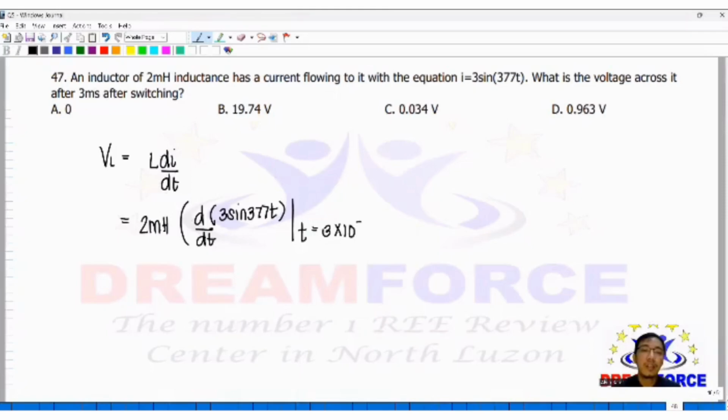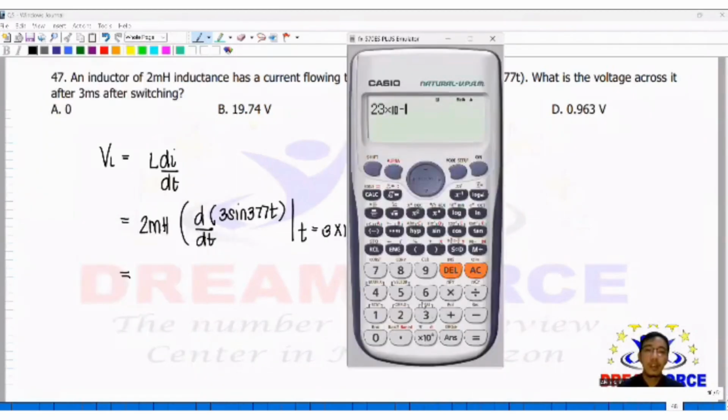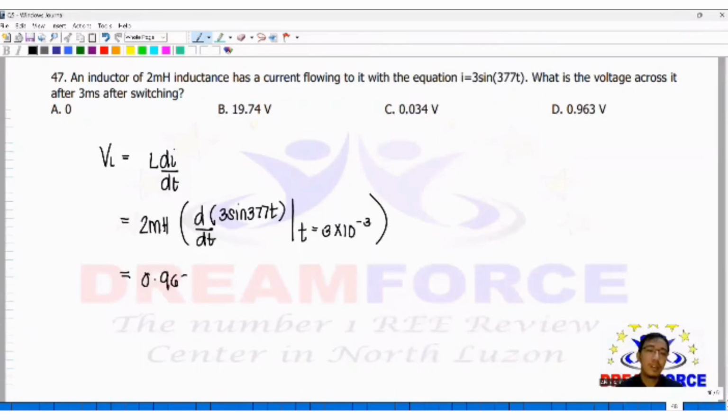So 3 times 10 raised to negative 3. Okay, so 2 millihenry times yung derivative ni 3 sine of 377x. Take note, calculator must be in radians. So 3 times 10 raised to negative 3 yung x. So 0.963 volts. So letter D.